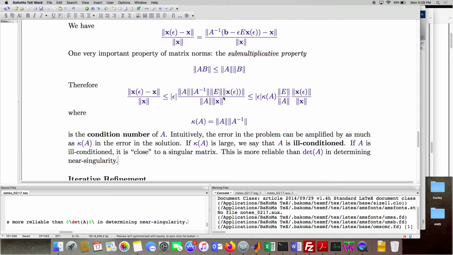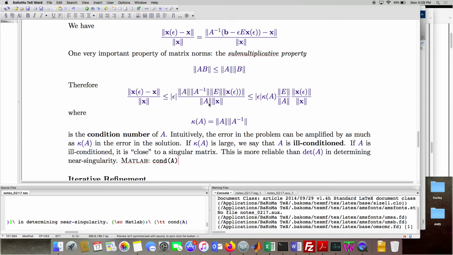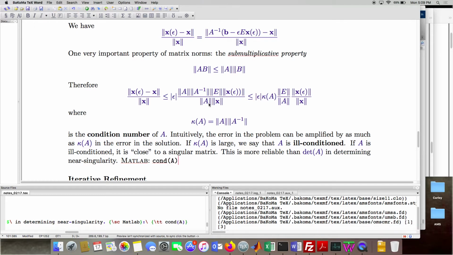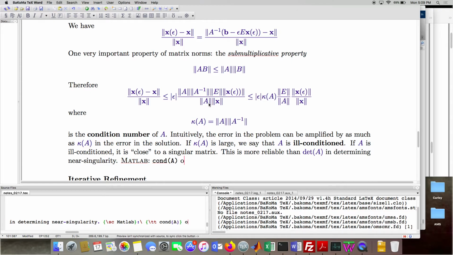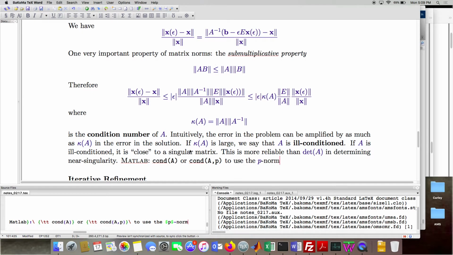All right. So the condition number in MATLAB, you can use cond of A to get the condition number. Or you could do cond(A,p) to use the p-norm. The condition number by default is computed using the 2 norm, just like the norm function does.